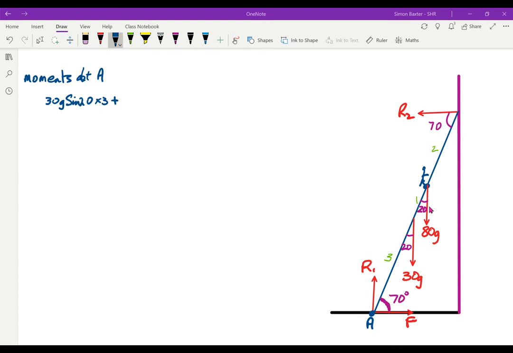So you have 80g sine 20 times 4. Those are both clockwise. The reaction at the top will give us an anti-clockwise moment. That will be R2 sine 70 times 6.